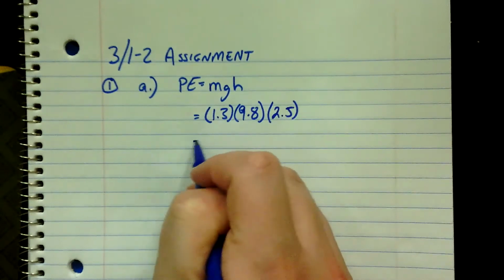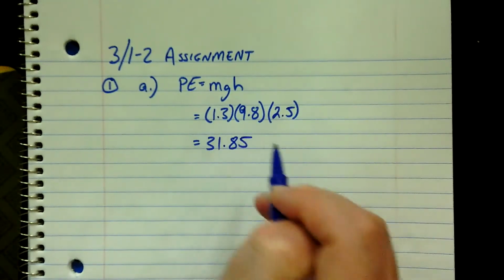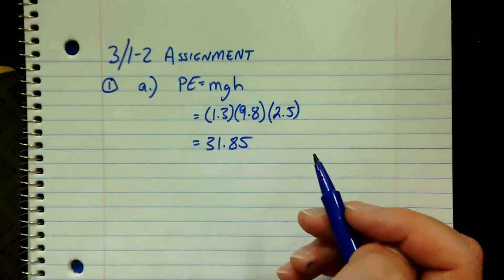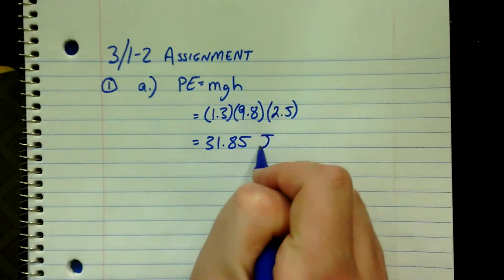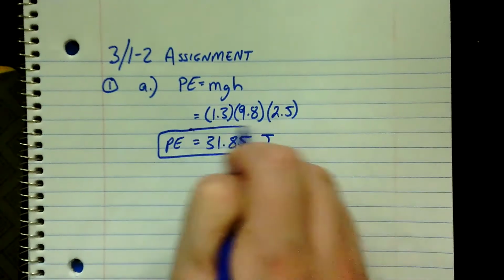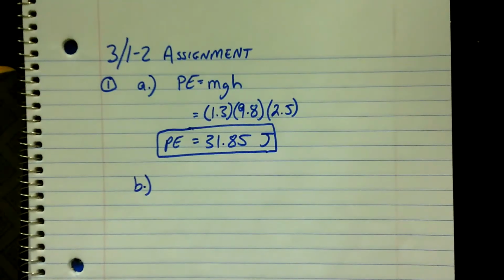Do you have an answer for that, Sam? 31.85. And I don't think I said this already, but energy is also measured in joules, so capital J. So that's how to find the potential energy of the apple.